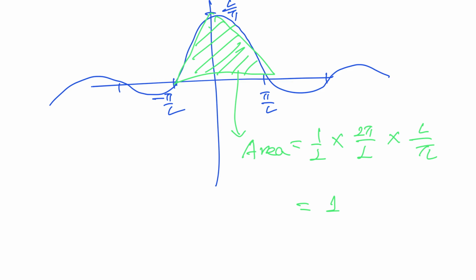And as L goes to infinity, this is a very narrow function with a very big height. So it becomes the delta function, something like this, infinite as L goes to infinity.